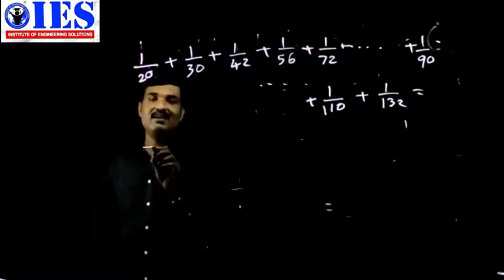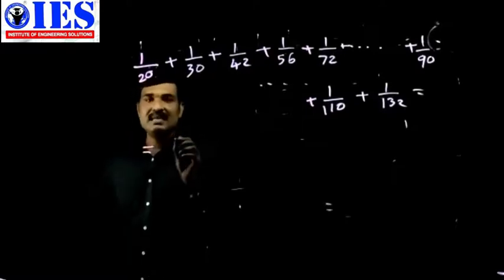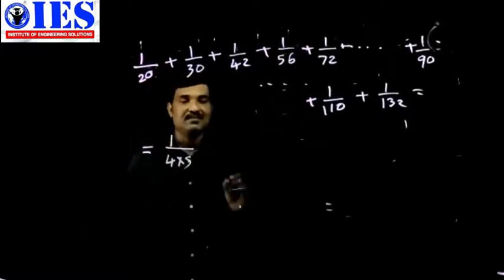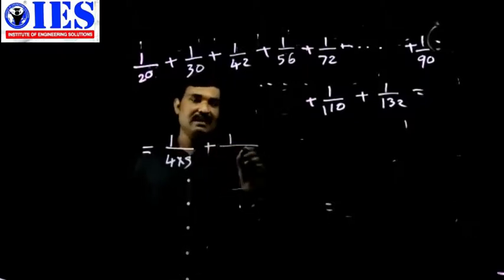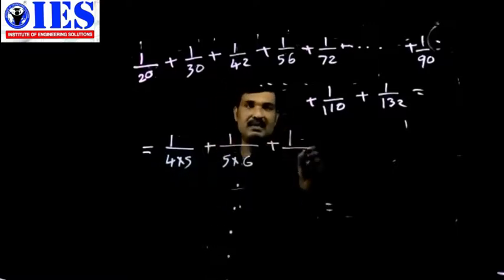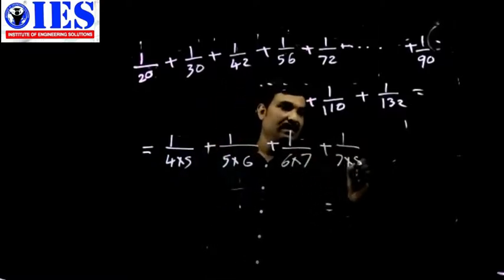So we have to convert that into the standard form. We can write 20 as 1 by 4 into 5, 4 into 5 is 20. Plus 30, we can write as 5 into 6, plus 42, that is equal to 6 into 7, plus 7 into 8.